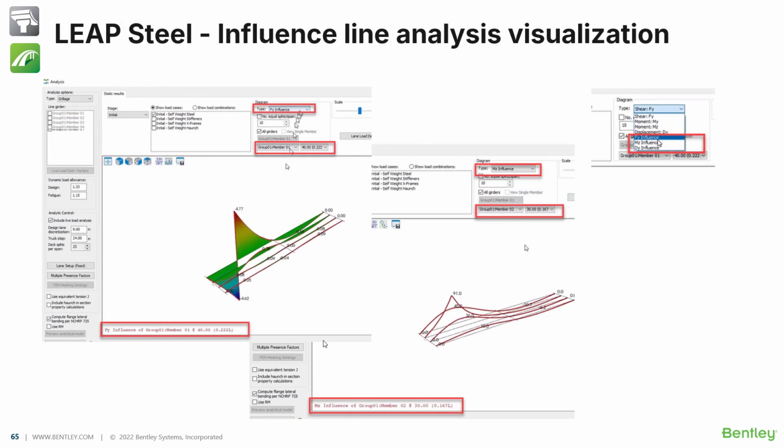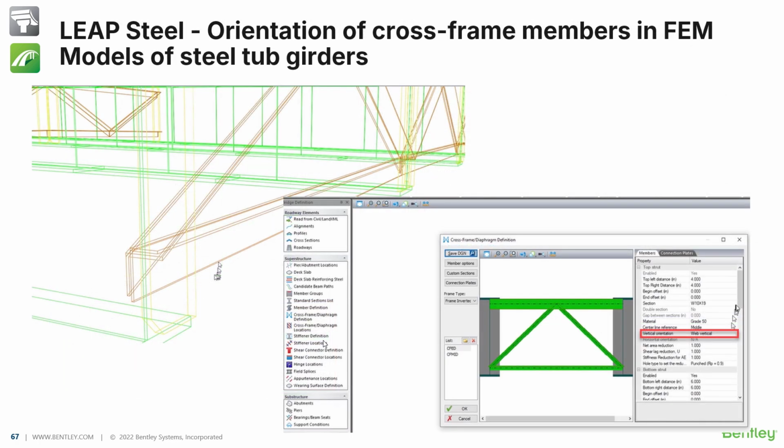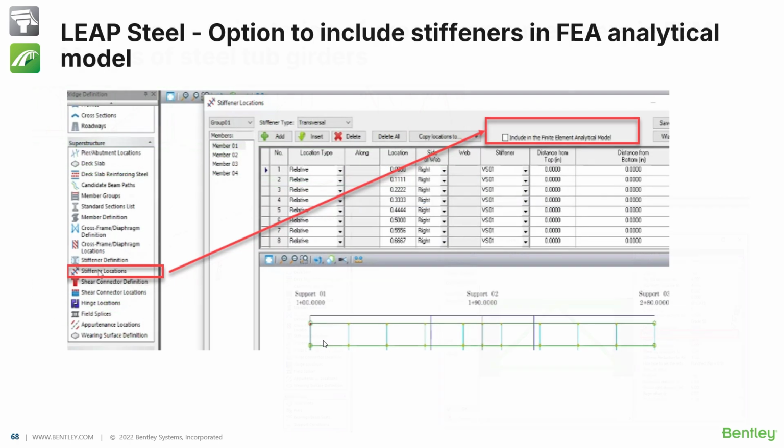We can visualize the influence lines now. Connection reactions at the end of the cross frame. And an option to include the stiffeners in the finite element analysis in the analytical model.